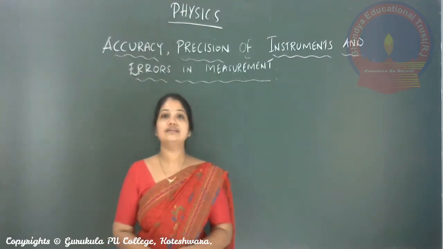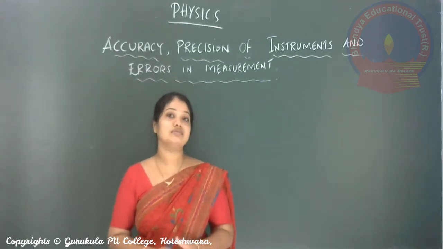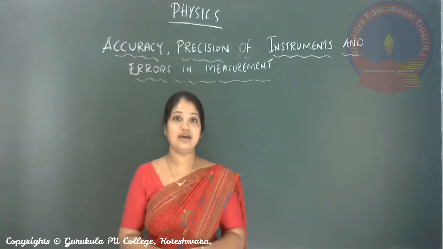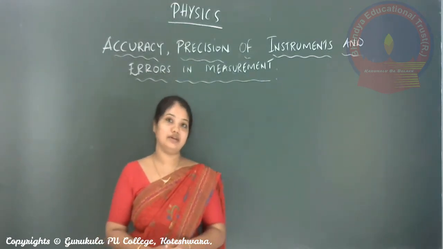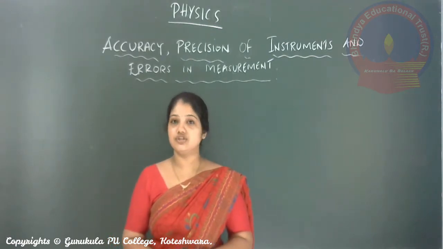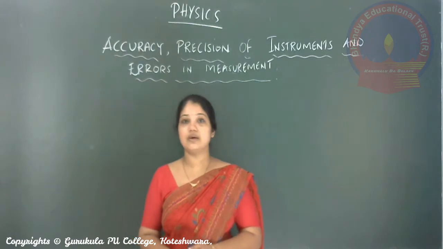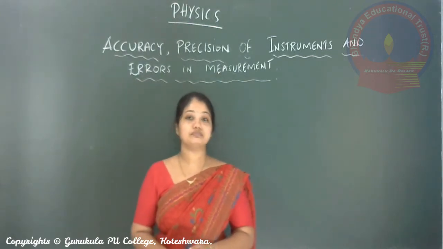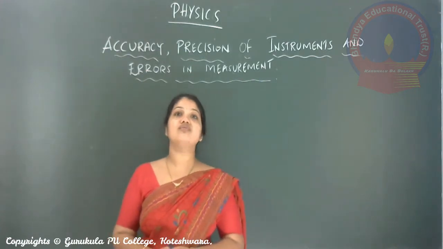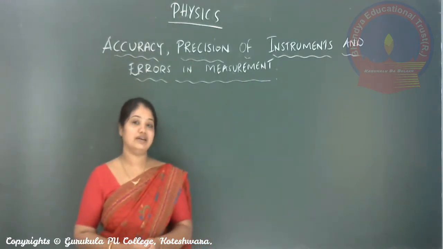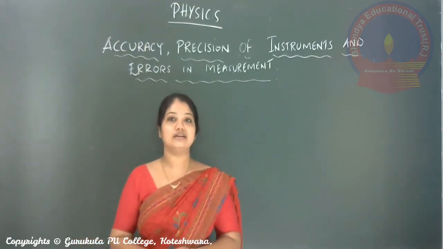Like we know some of the experimentally measured values. Suppose you have the acceleration due to gravity. The value of acceleration due to gravity is 9.8 meters per second square for that of the earth. Now we do an experiment to find the acceleration due to gravity, either by a simple pendulum or any other experiment.